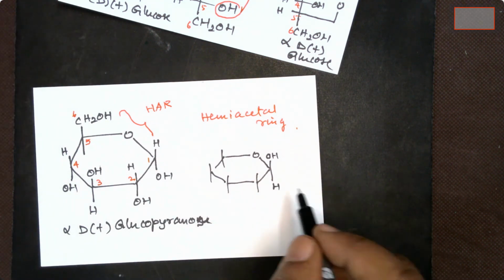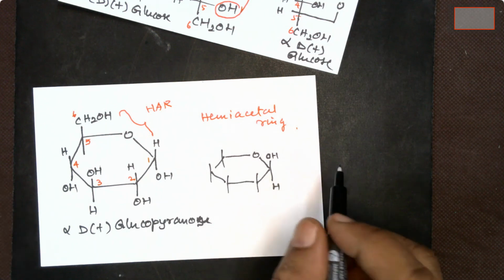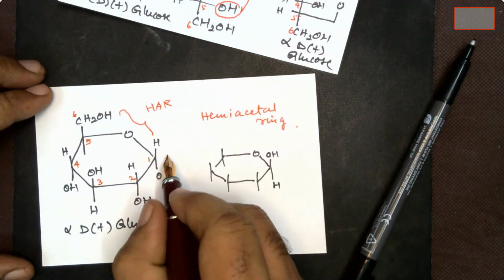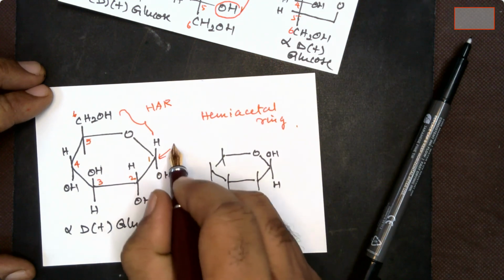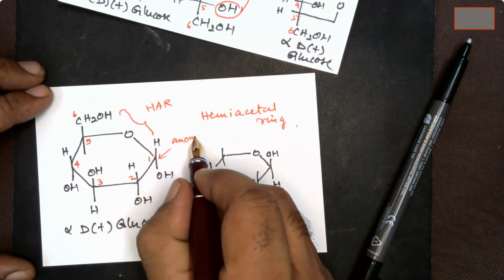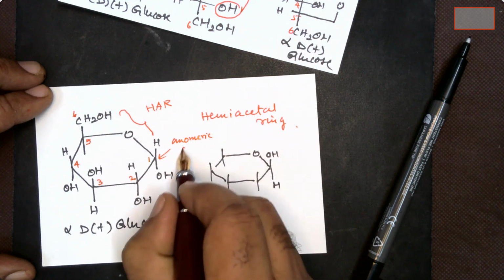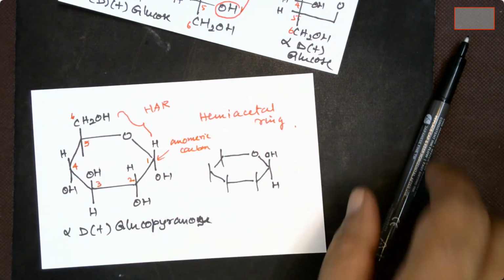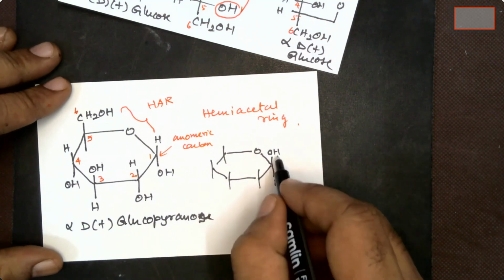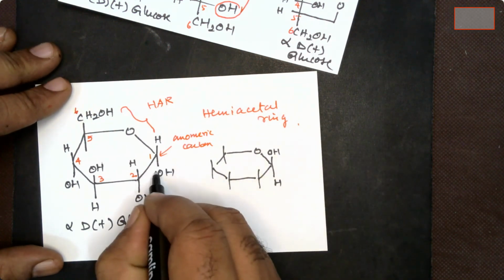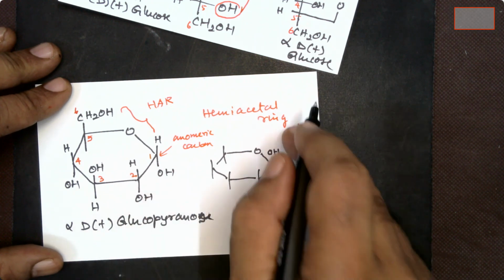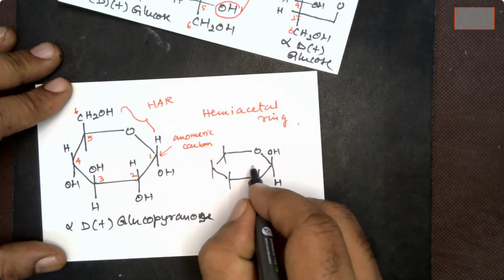And that is the anomeric carbon. Okay, so you can mention that one also. It is the anomeric carbon. Done. And now since this OH is at the bottom, this is alpha. Now the OH on the top is called beta.